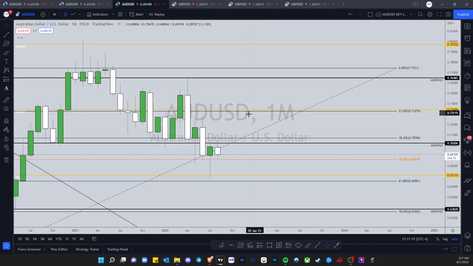We could see last month we had this bearish exhaustion candle. It looks like a hangman or a hammer doji candle, but I'm leaning more toward a hangman doji candle.